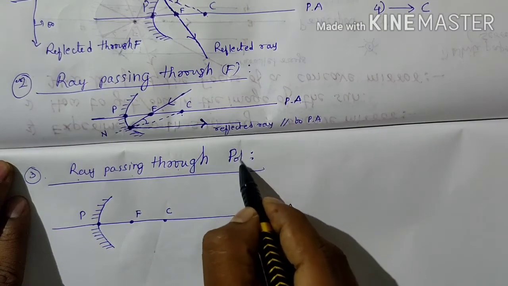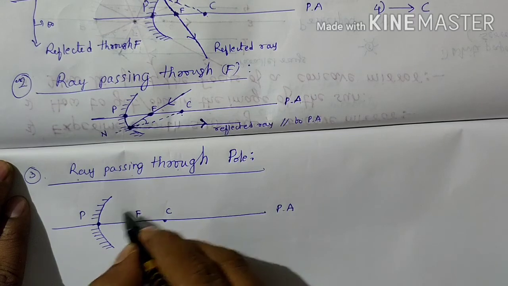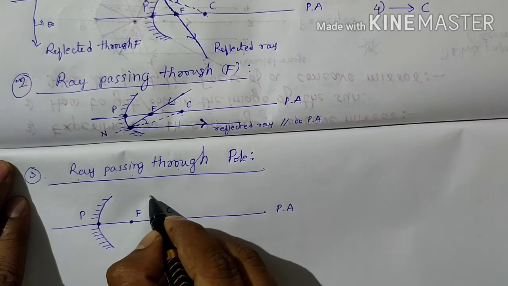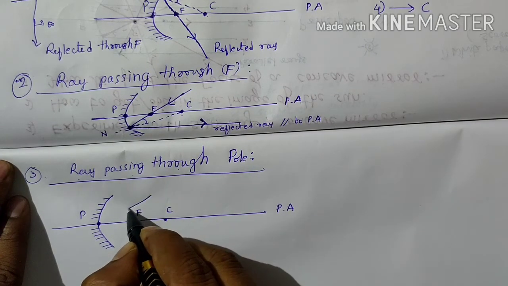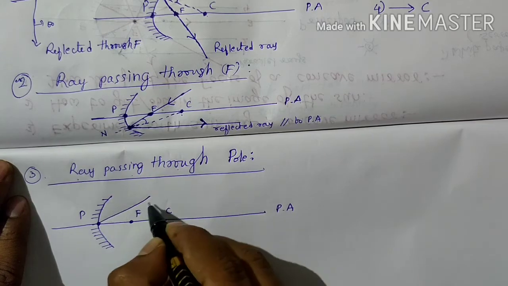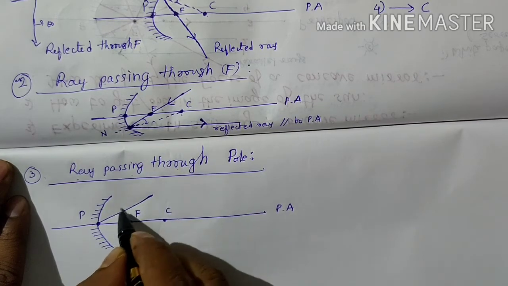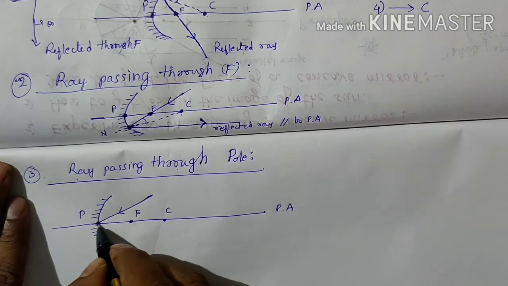Now we take a ray passing through the pole. Here this is the pole. So I am drawing a ray to the pole. This is the incident ray, and this is the point of incidence.